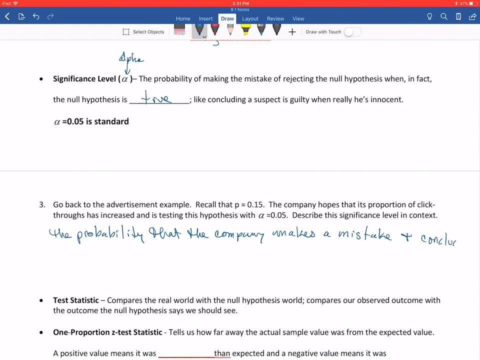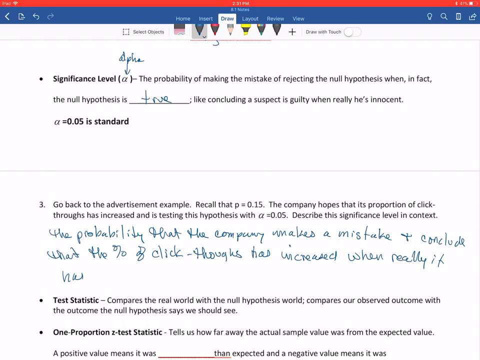So maybe I would say they make a mistake and conclude that the percent of click-throughs has increased when really it hasn't, is 5%.